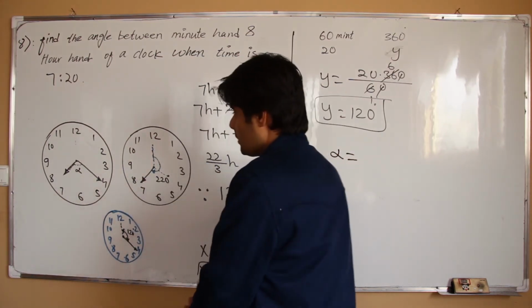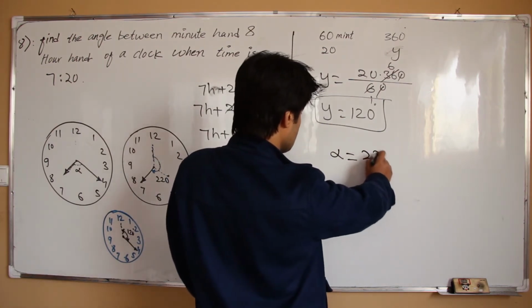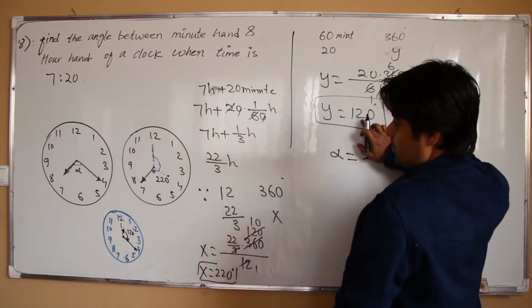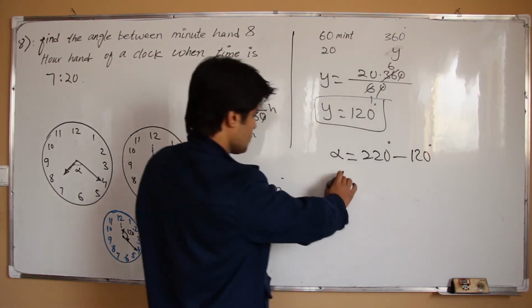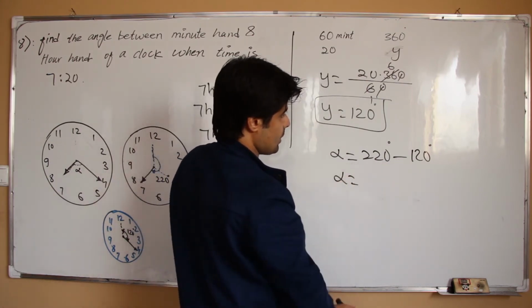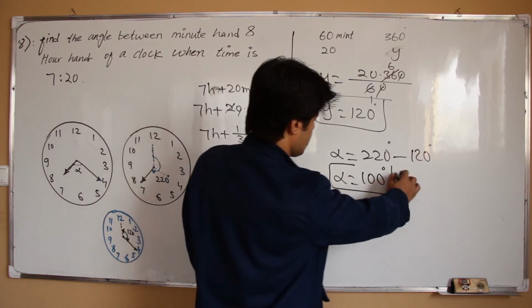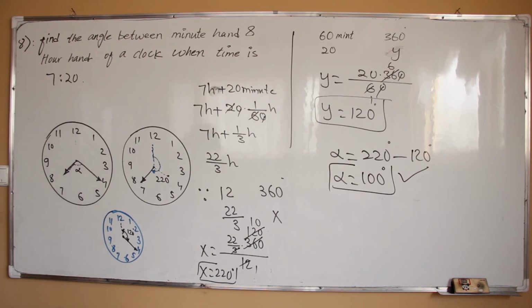This alpha would be 220 minus 120, so alpha would be 100 degrees. Write it please. I will write the shortcut formula.